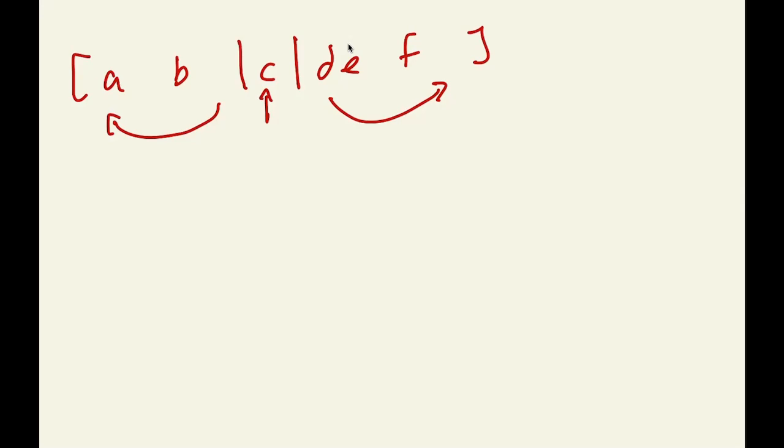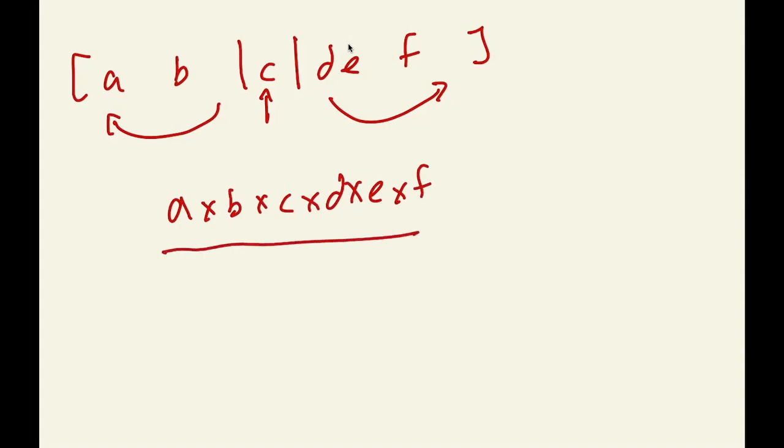Yeah, I understand that. So the prefix is A and B. Something that might also clear it up is when we have a product, A times B times C times D times E times F, and we want to divide out C, what does this multiplication look like?